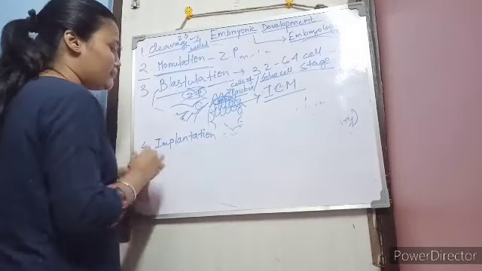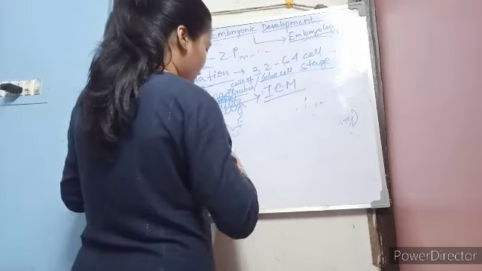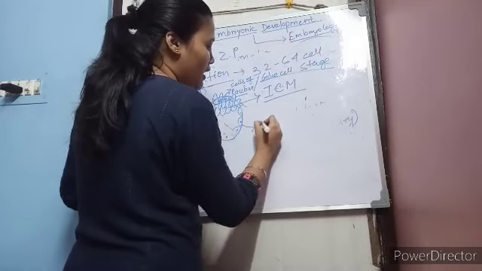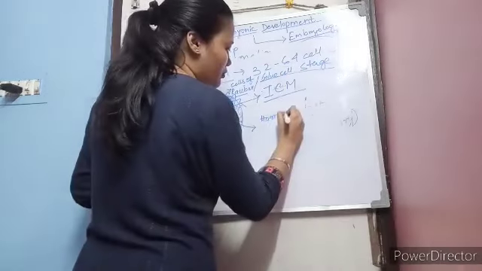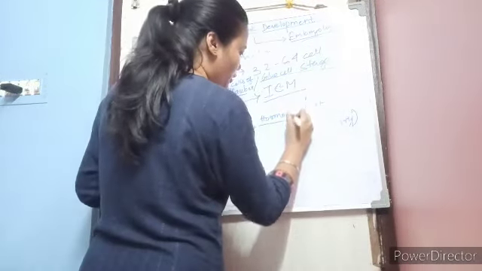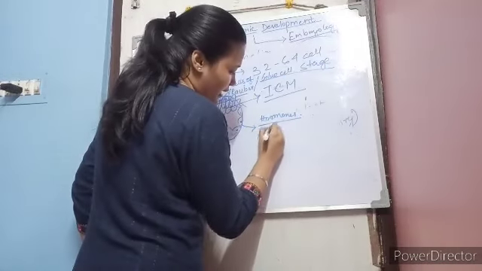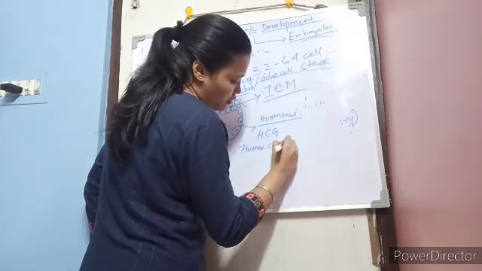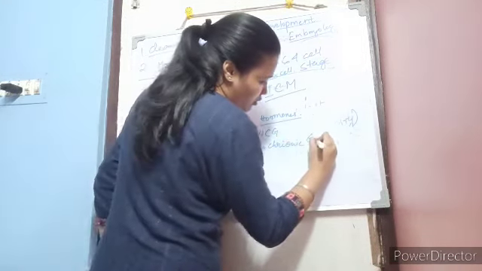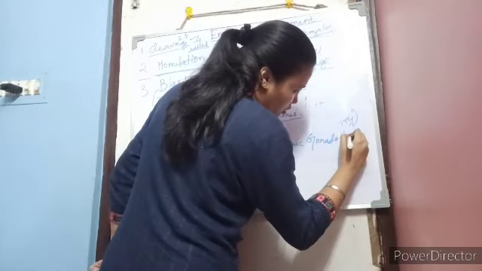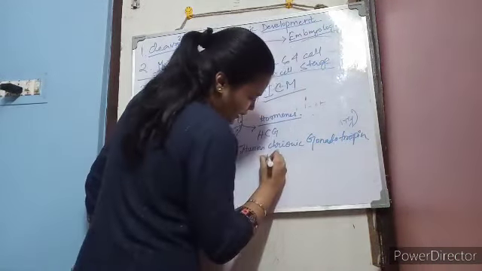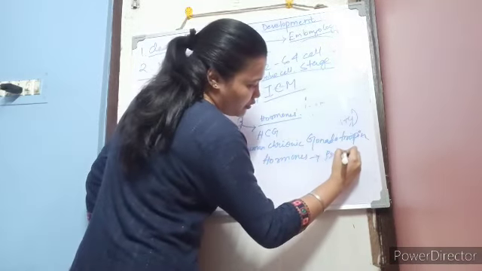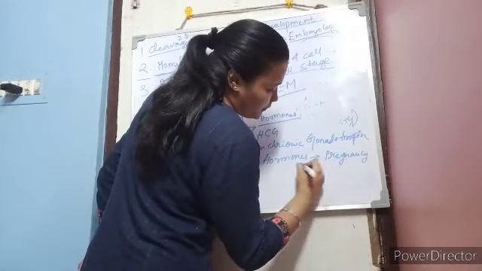So this is the process of implantation, and this trophoblast is very important, because it secretes a hormone, that is HCG, human chorionic gonadotropin hormone, which plays an important role in the pregnancy test.